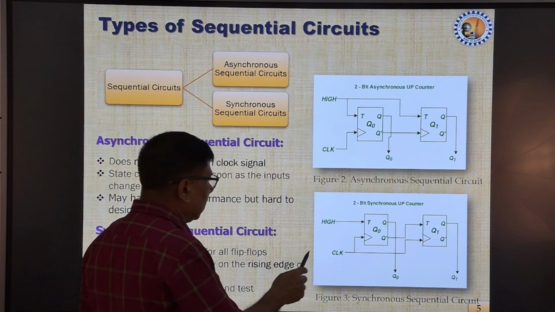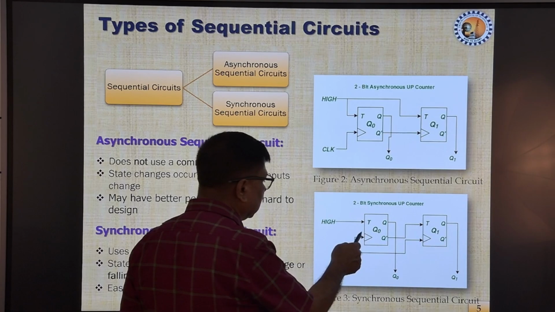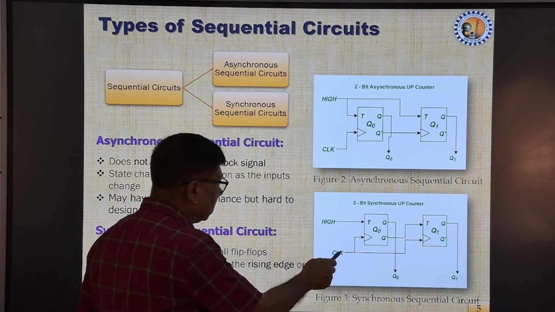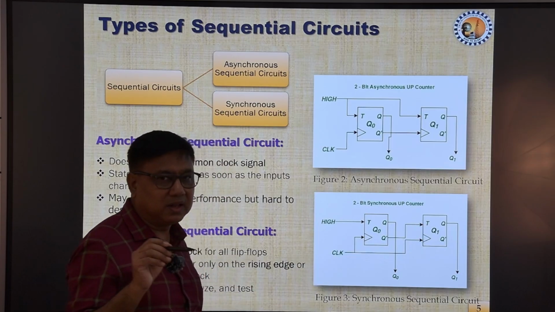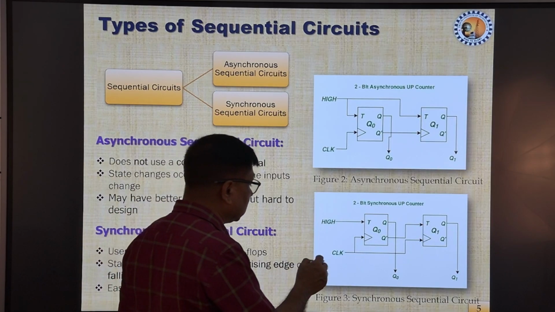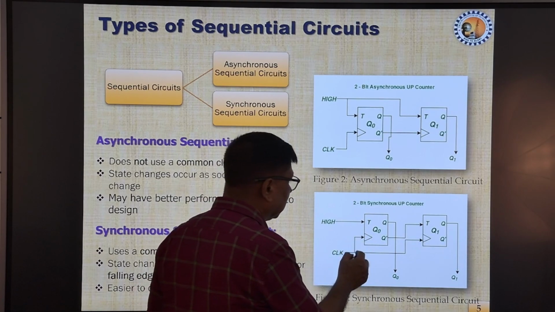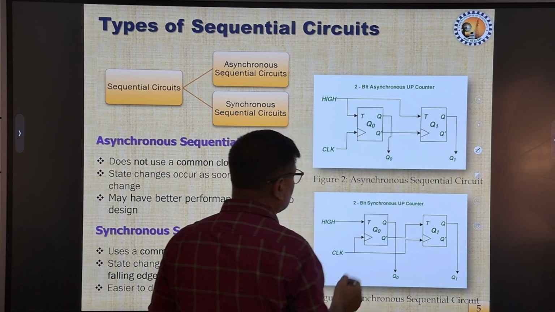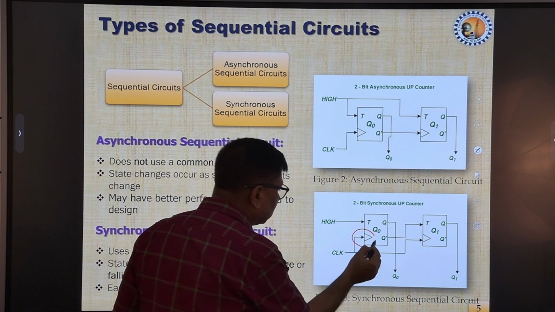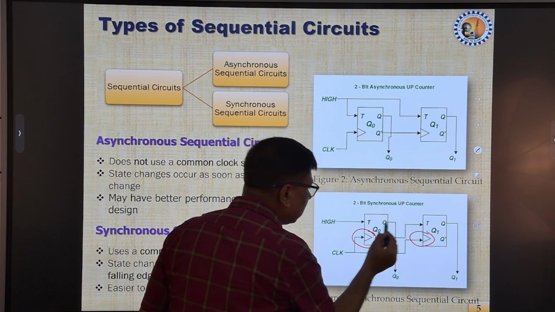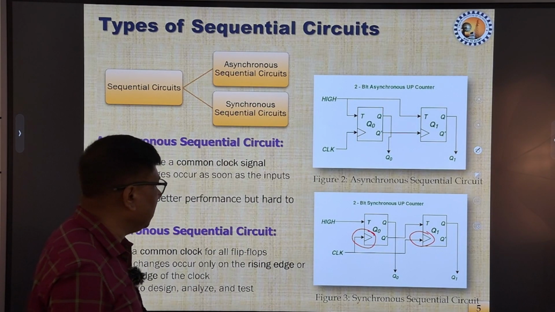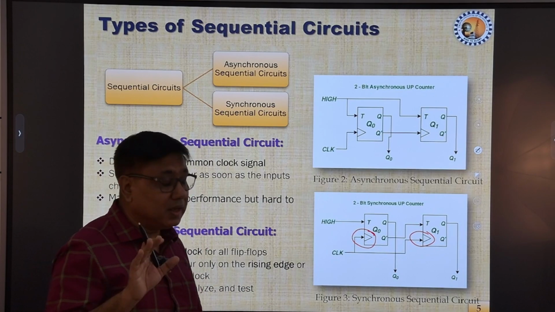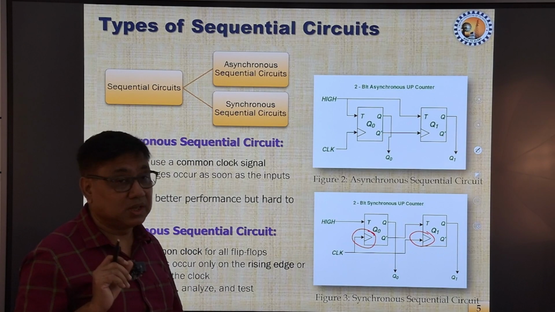And as we can see over here, this is an edge triggered flip-flop from this triangle, and the clock signal, which is the very vital reference signal in sequential logic circuits, is being applied simultaneously to both the flip-flops. As we can note, the same clock signal is being applied to both the flip-flops. So, this is the basic fundamental nature of a synchronous sequential circuit.